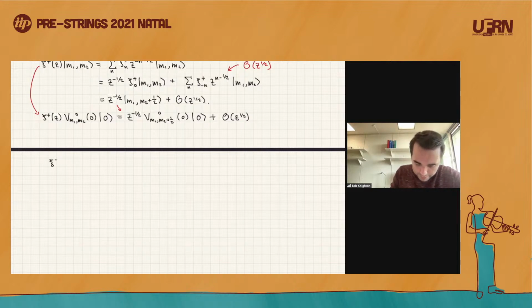And so from this, you can just read off the OPE. This is z to the minus 1/2, V m1, m2 plus 1/2, 0, and then plus things that are of order z to the 1/2.